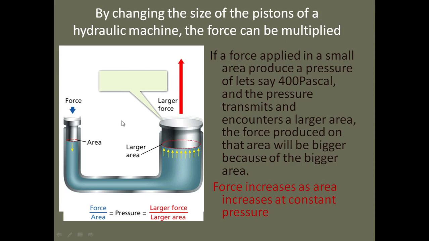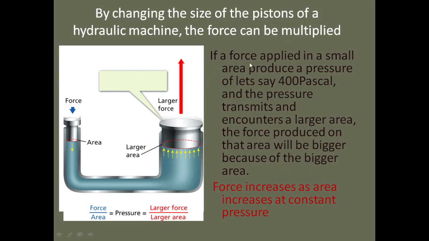Notice that the area here is small. The moment you apply a force here on this liquid, pressure will be produced. The pressure will be transmitted to this point, which will exert a bigger force on this piston to move it up.